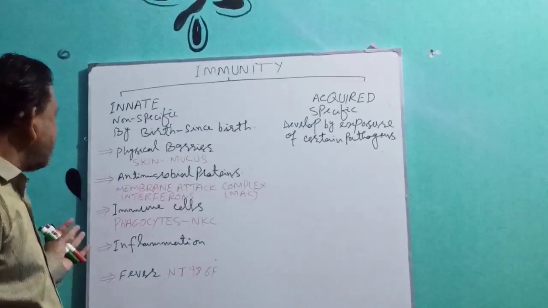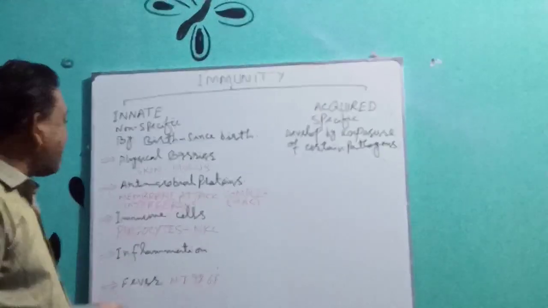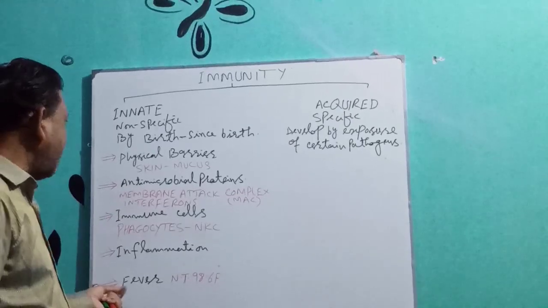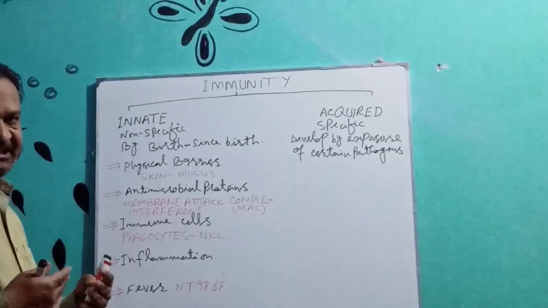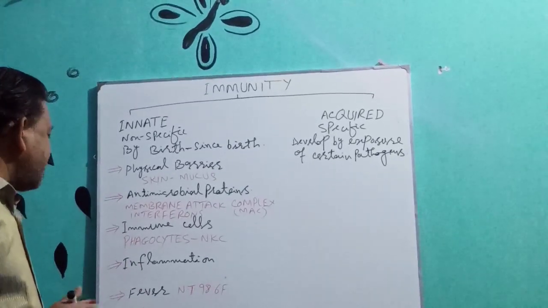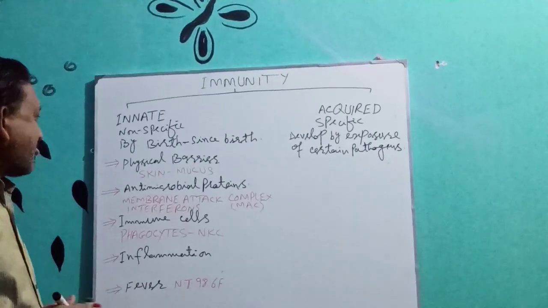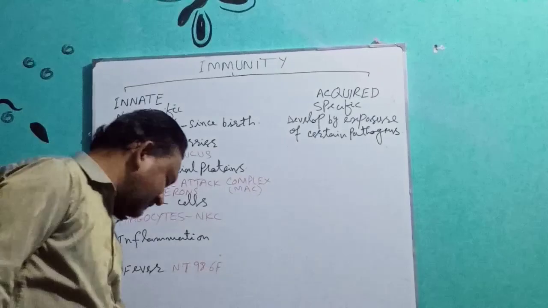It also includes the immune cells, which play important roles in innate immunity and make a bridge between the innate and adaptive immunity, then the inflammation, and finally the fever. We are discussing in detail one by one.